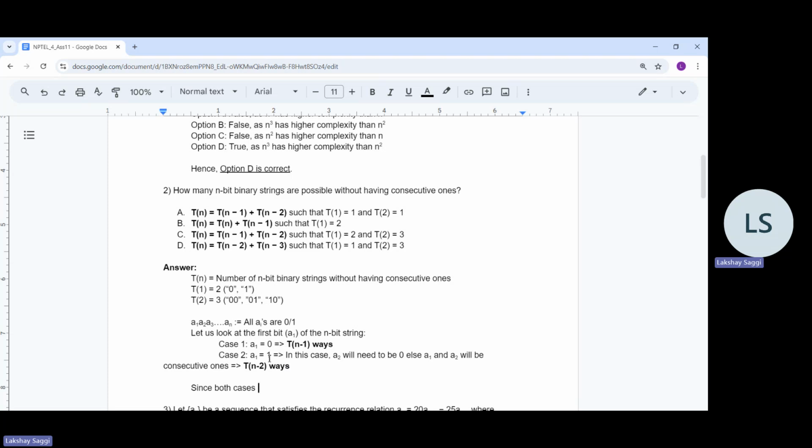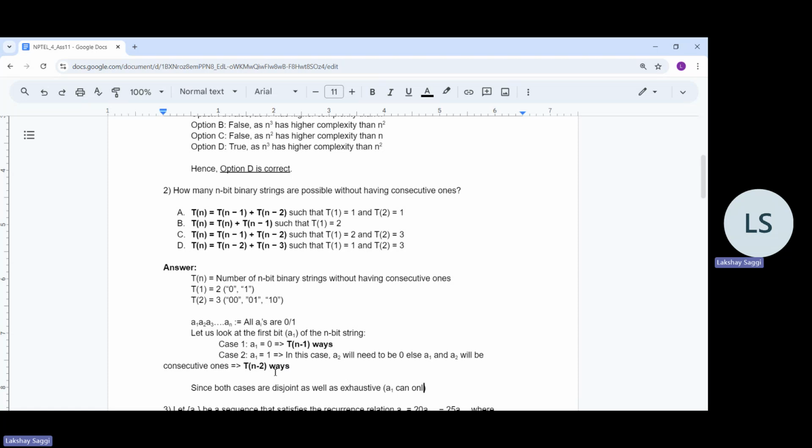So if we want to calculate the total number of ways for this n-bit string, it will just be the sum of these two cases, because these two cases are disjoint as well as exhaustive. Why are they exhaustive?